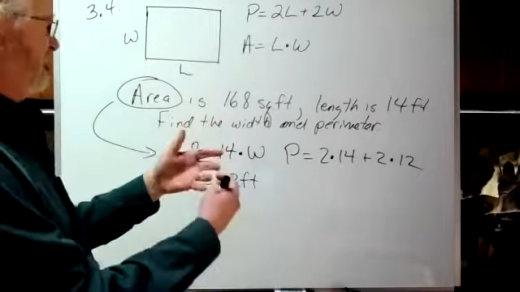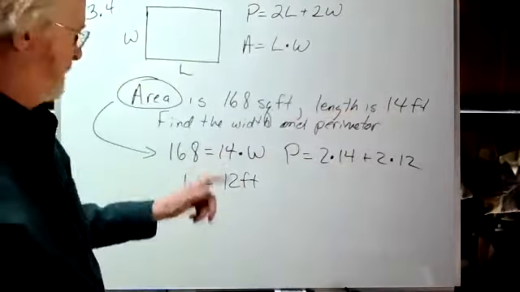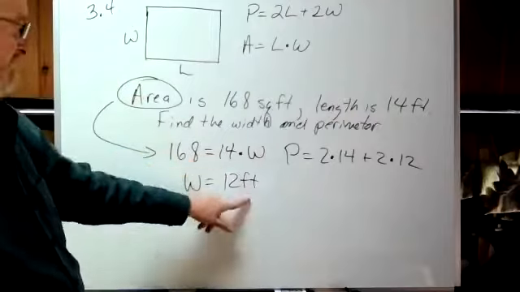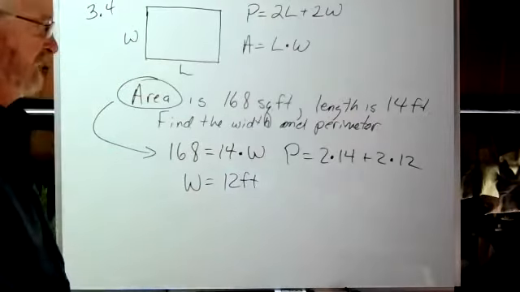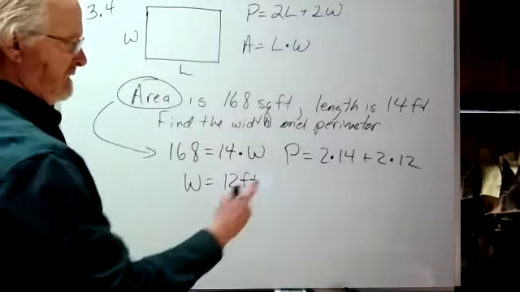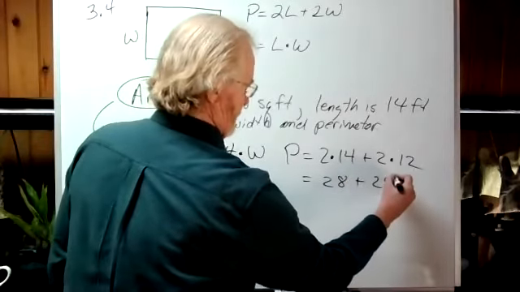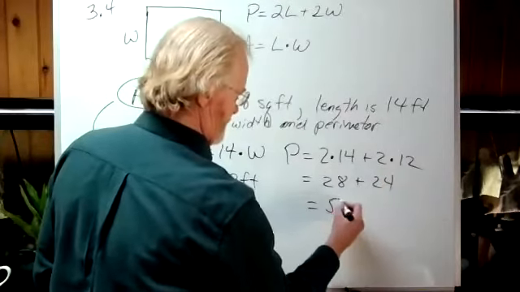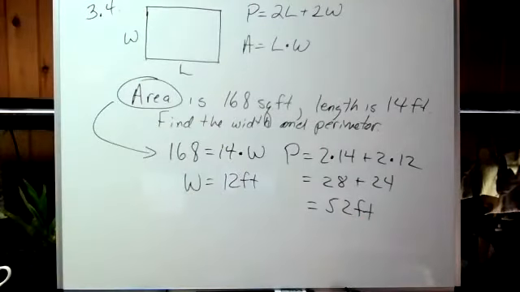But we kind of broke it down into the 2 dimensions, and those are just lengths, feet, not square, right? Just 12 feet. Similarly, the perimeter is just feet, not square. Whatever this is, 28 plus 24, 52. 52 feet perimeter.